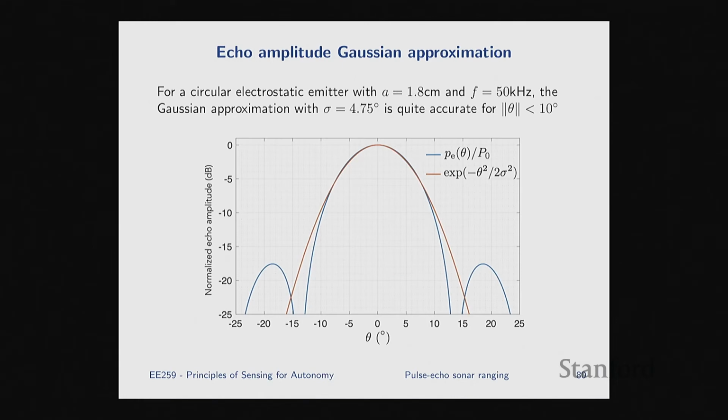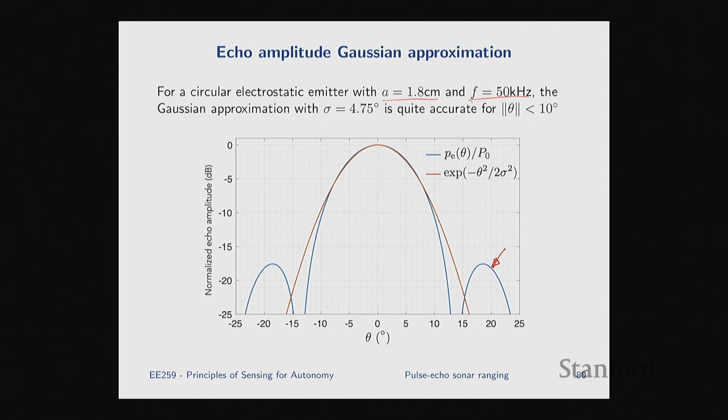So graphically, this is what it looks like. This is for a real transducer that I did this for. The transducer had an aperture radius of 1.8 centimeters. It was operating at a frequency of 50 kilohertz. So those numbers you plug into the Bessel function and you plot it, and the blue curve is the actual angular dependency of your echo amplitude.